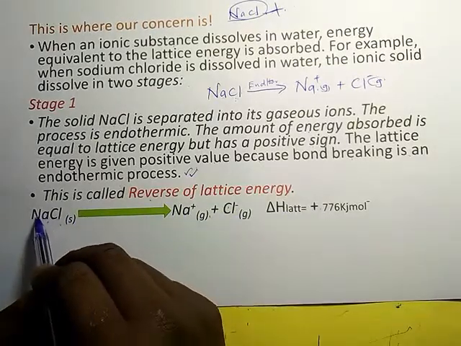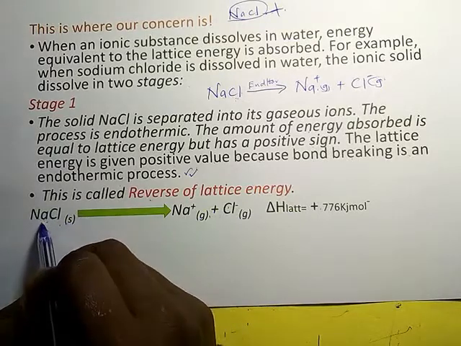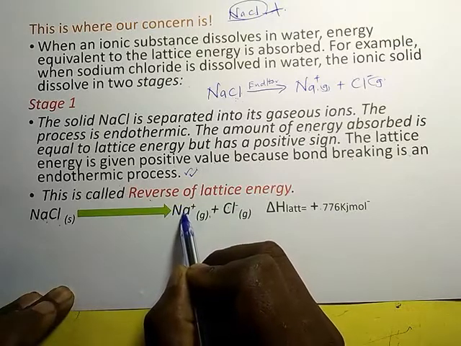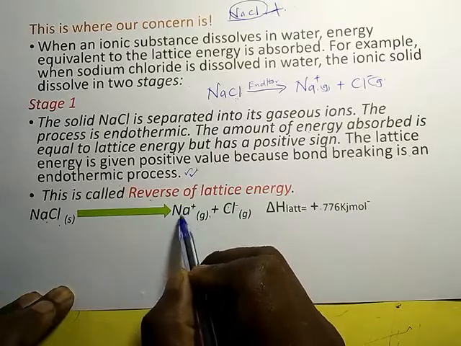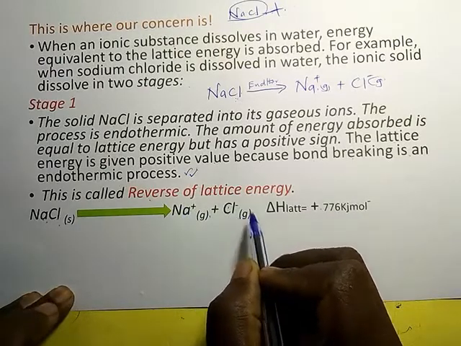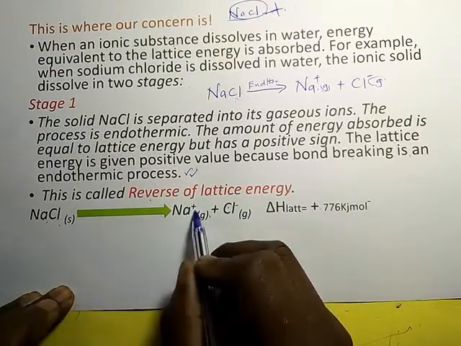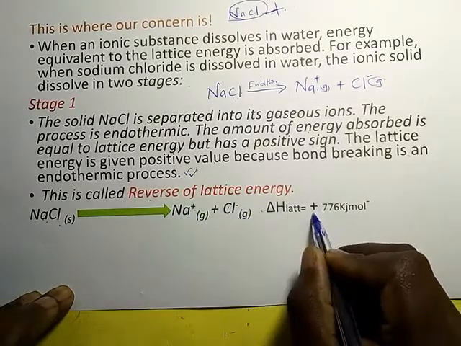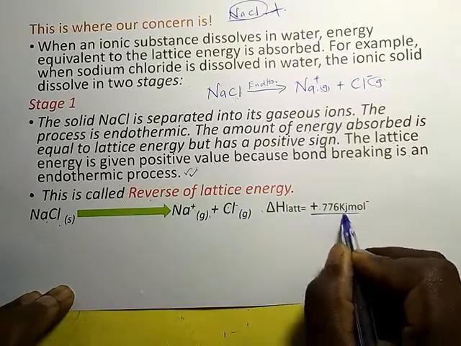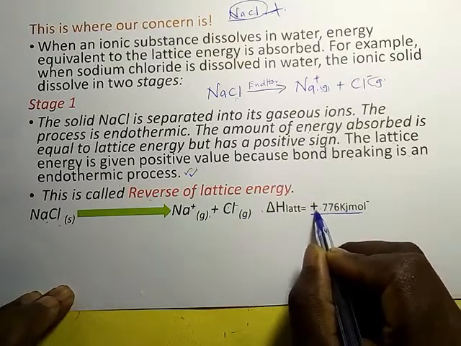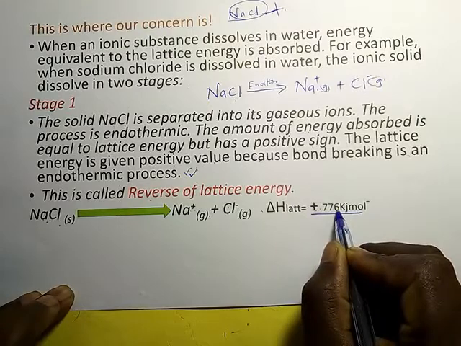But now sodium chloride is dissolved in water. It breaks apart and is separated into its gaseous ions: sodium ion in gaseous form, chloride ion in gaseous form. So this process is endothermic, and that's why the enthalpy change is positive 776.